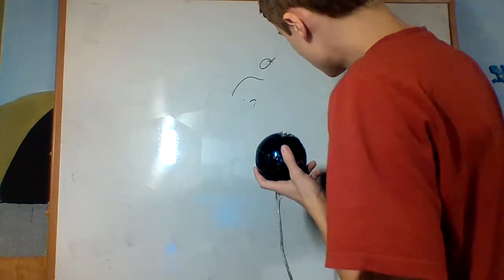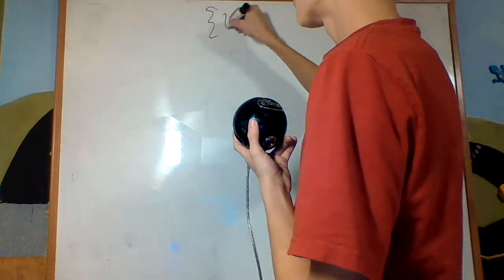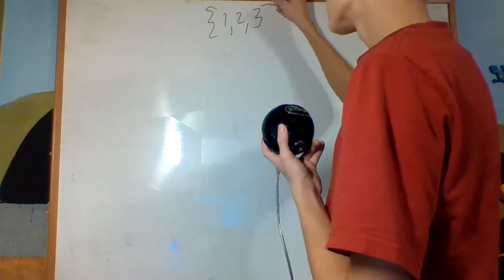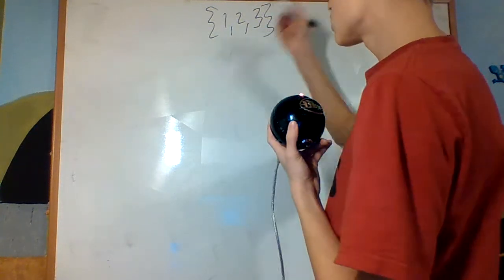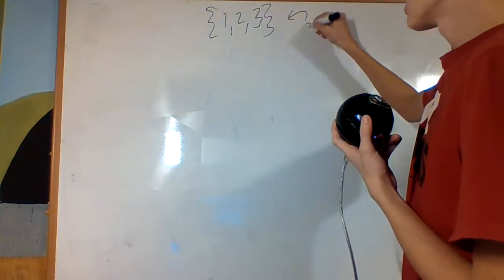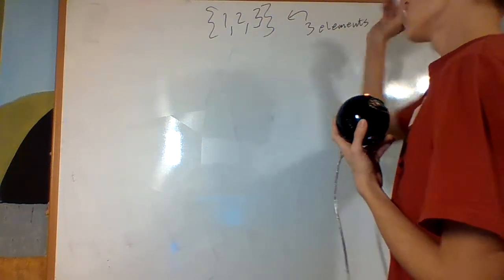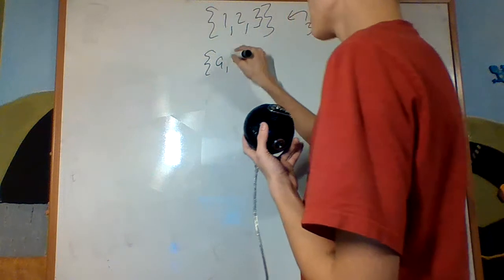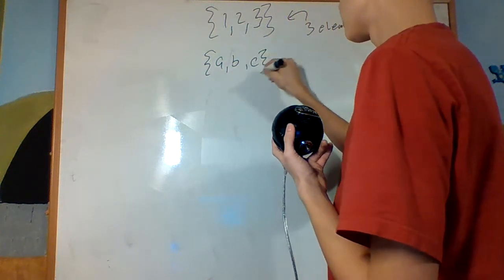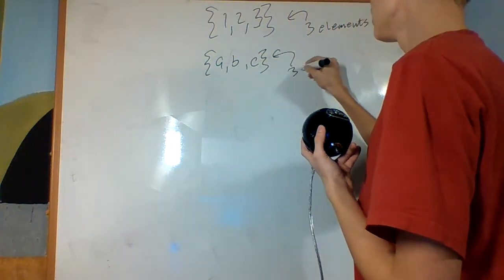let's take a look at finite sets, like the set of 1, 2, 3. That has 3 elements. Well, so does the set A, B, C. 3 elements.